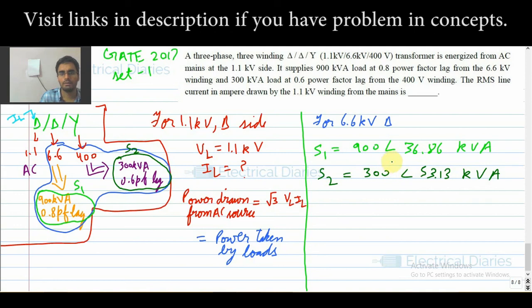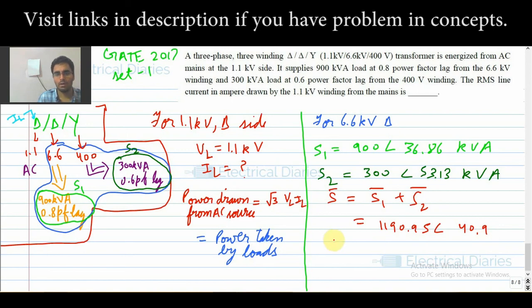To add S1 and S2, in GATE you won't have a calculator, so you just convert these values to A plus jB form, that is Cartesian coordinate form, add them, and then convert again to the angular form. So S will be equal to S1 phasor plus S2 phasor. It will come out to be 1190.95 at an angle of 40.9.